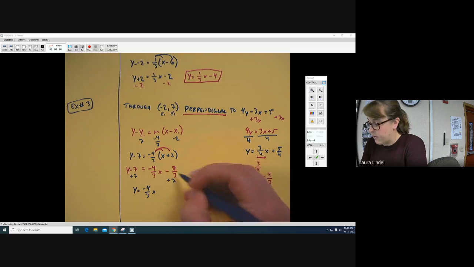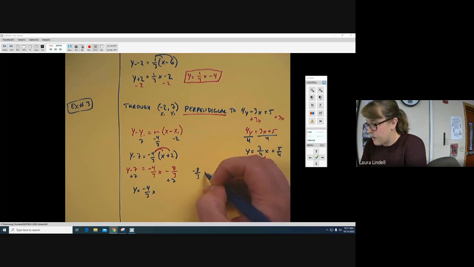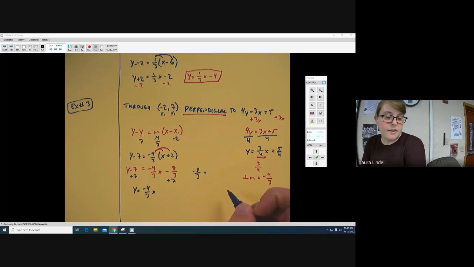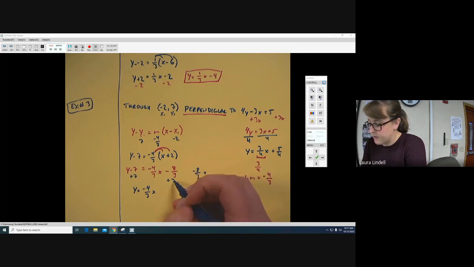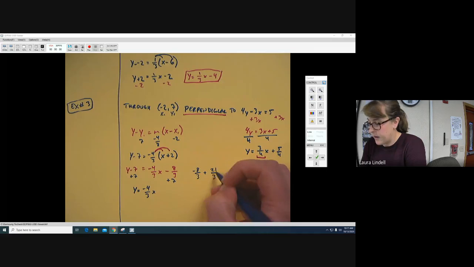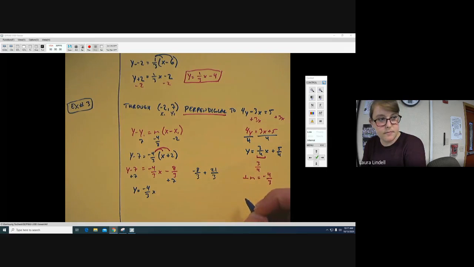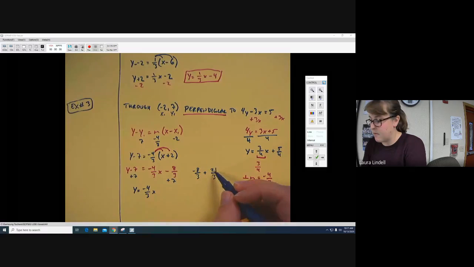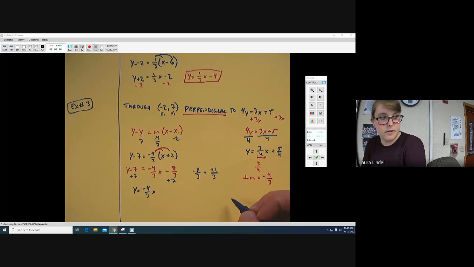The easy way to add fractions is to make a common denominator. So instead of 7, I'm going to multiply 7 by 3 to get 21/3. Because 21 divided by 3 is 7, so that's the same thing as 7.